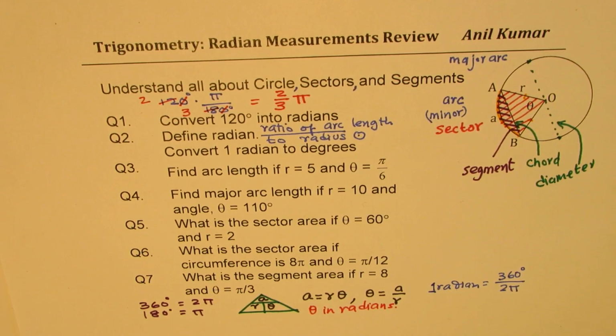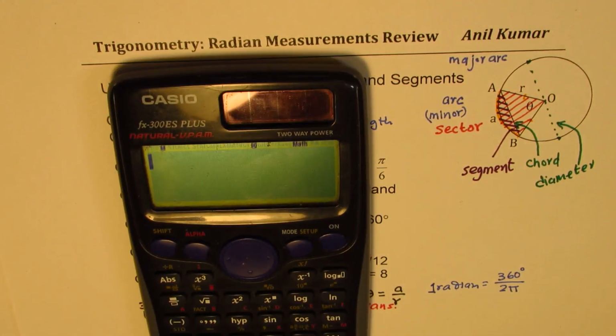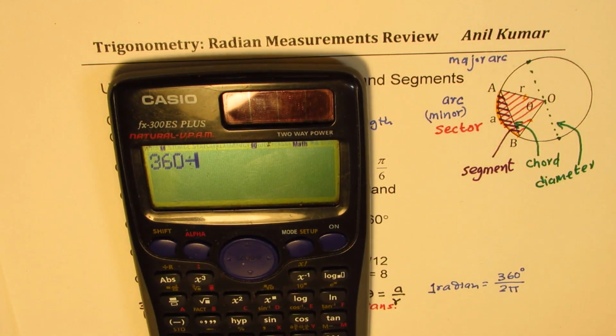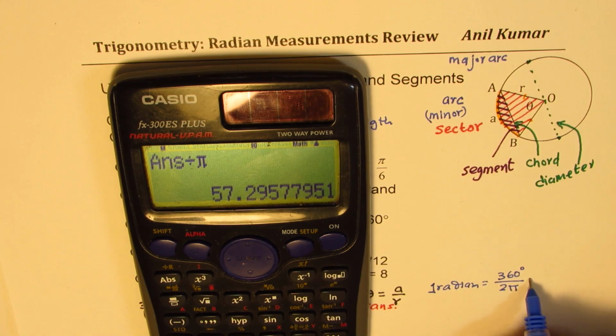Let's calculate this ratio. It is 360 divided by 2 first, and then I'll divide this by pi. In decimals it is 57.29. So you can approximate this as 57.3 degrees.